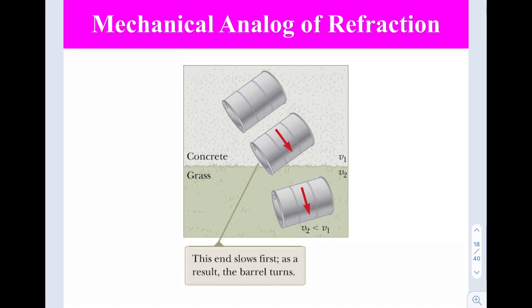When this slows down, it shows that it's going to be bent, because this end slows first, that's why it's bent. As a result, the barrel turns. Okay, this is the mechanical analog of refraction. Why is the refracted ray approaching the normal line?